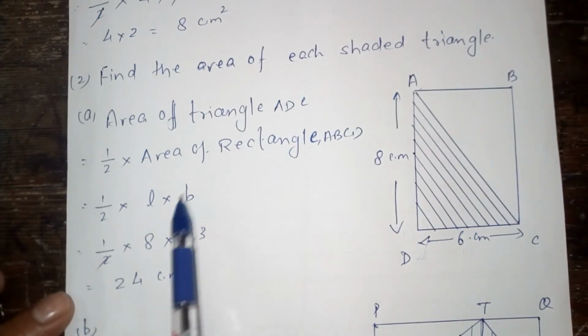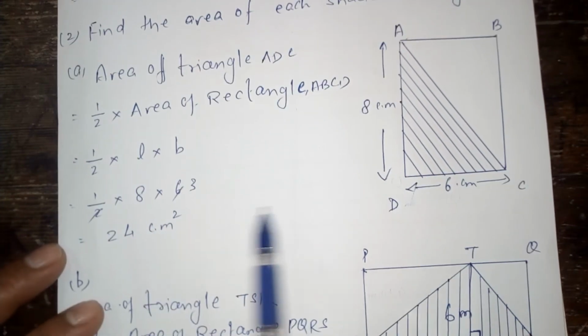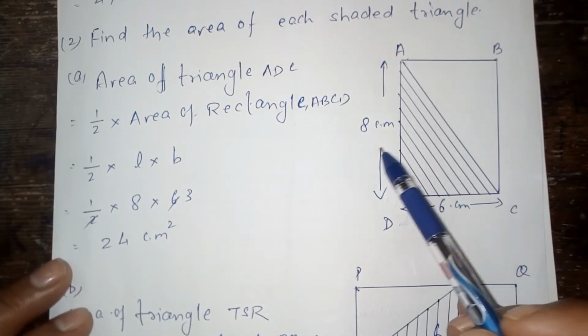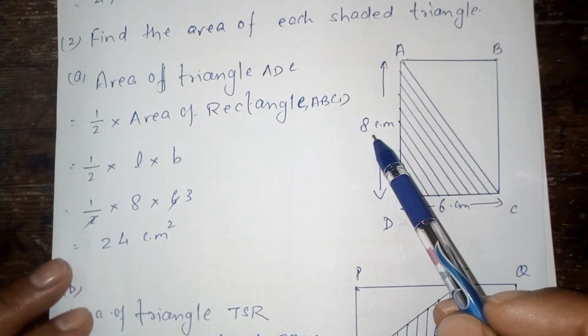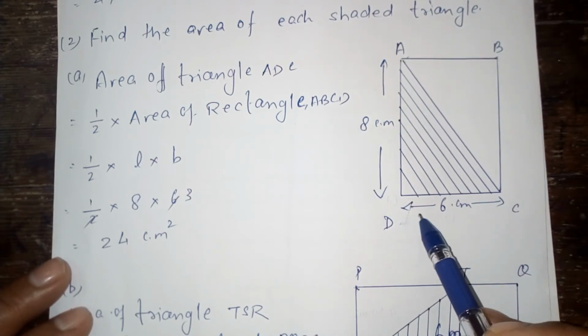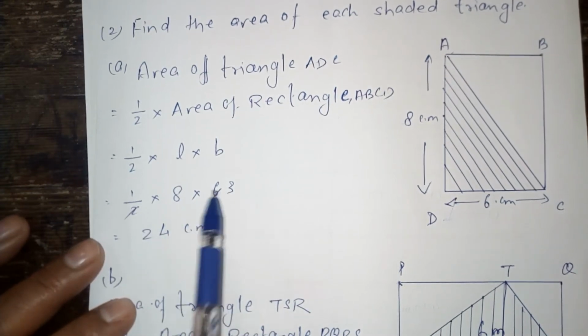Area of rectangle is length into breadth. As you are looking in this rectangle ABCD, what is the length? Length is 8 centimeter and breadth is 6 centimeter. So half into 8 into 6.